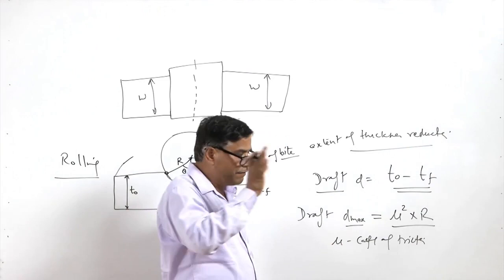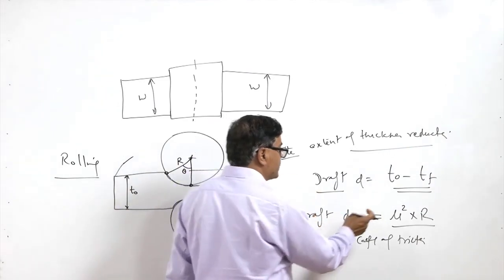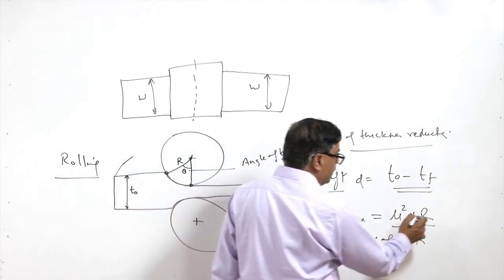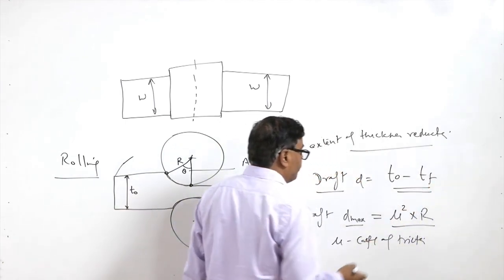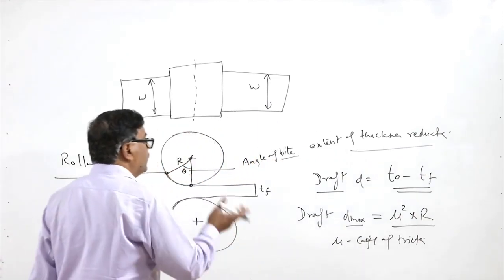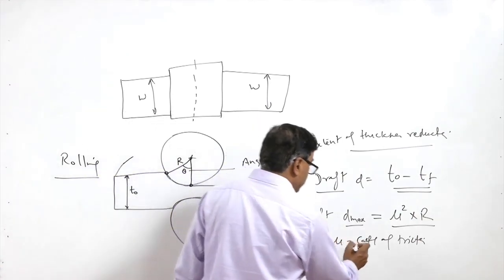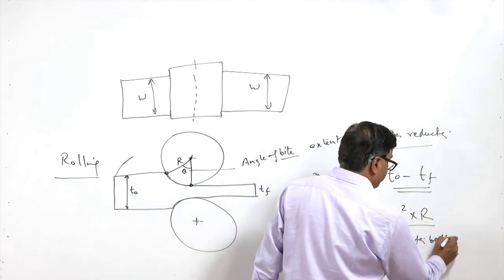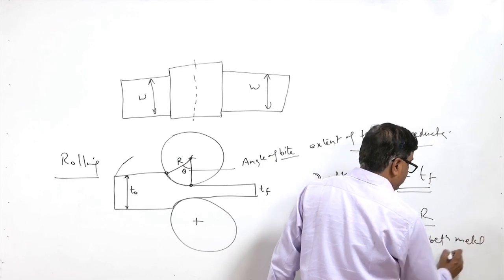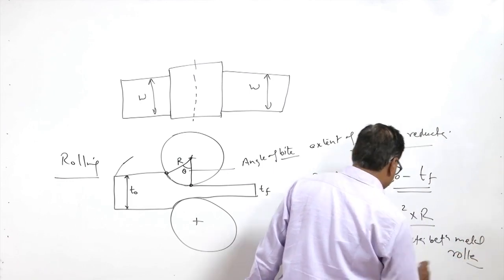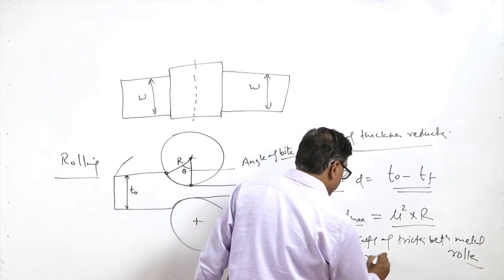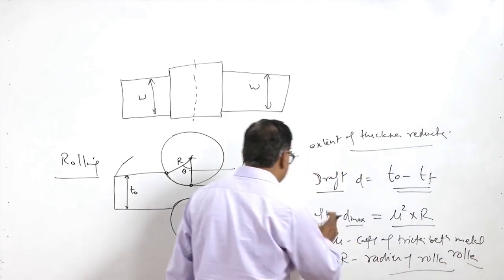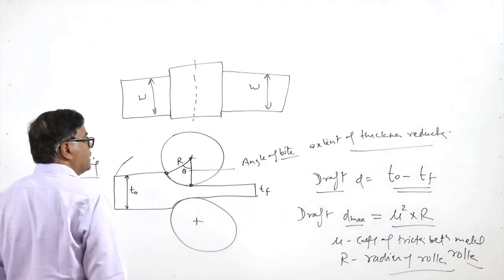So, if the surface roughness is more, more draft is possible, and if the roller diameter is more, then more draft is possible. Mu is the friction coefficient between the metal and the roller surface, and R is the radius of the roller being used for the rolling.